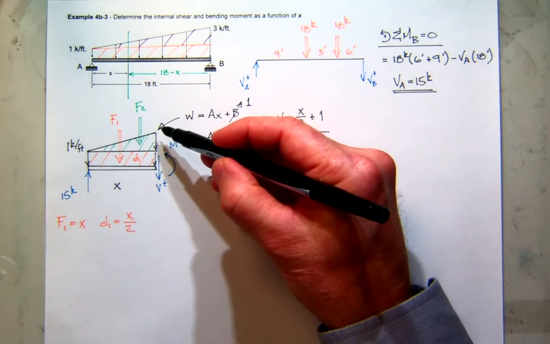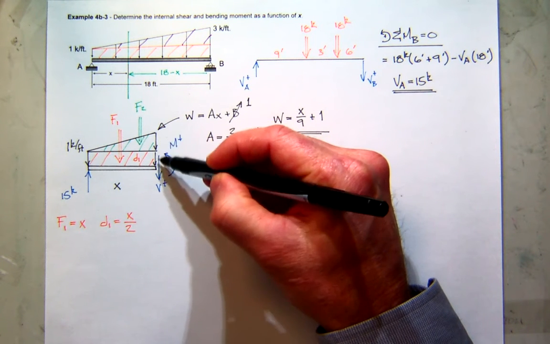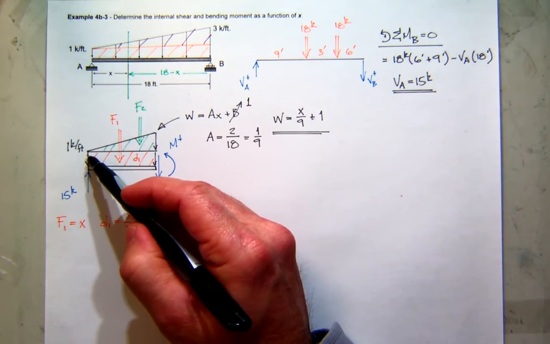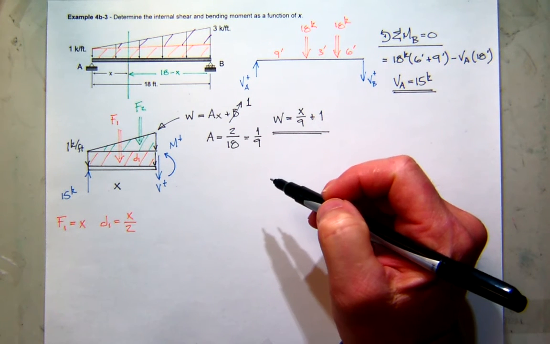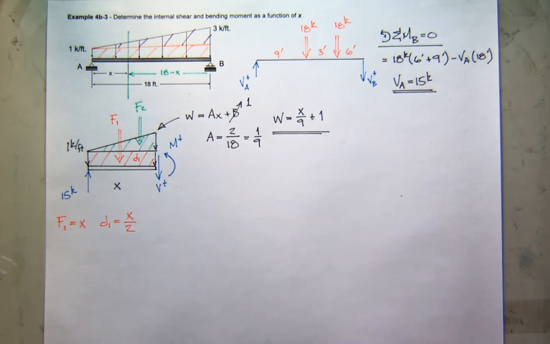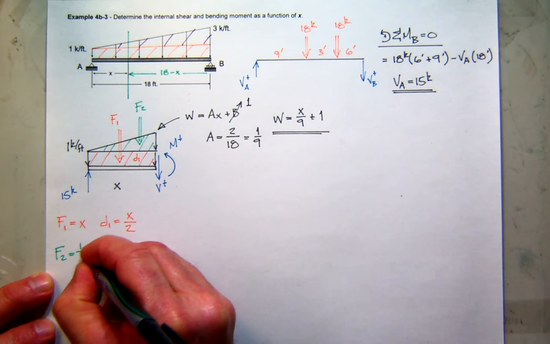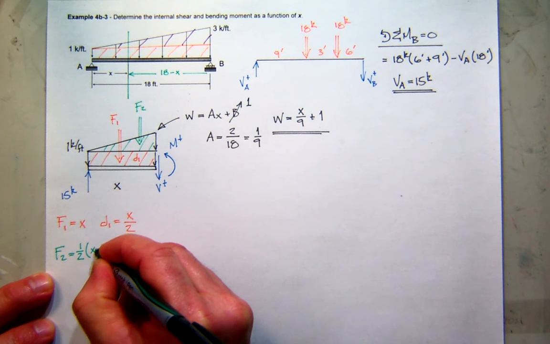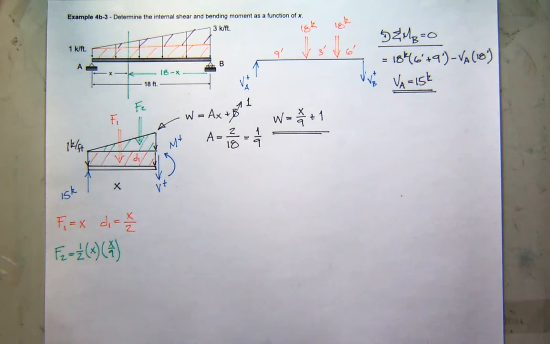So I know this is the value here. But what is the actual value of the height of the triangular portion? It will be the total height minus 1. So what is this minus 1? x over 9. So I now know that my force F2 is a triangle, 1/2 base times height.